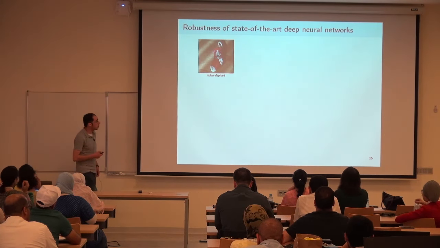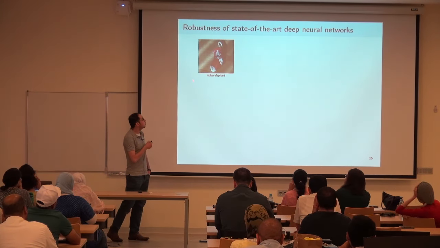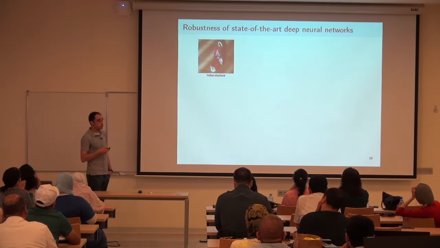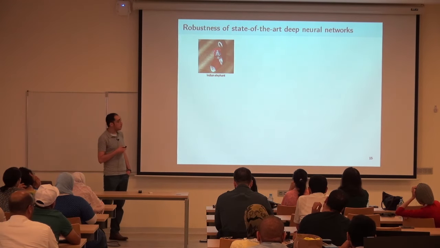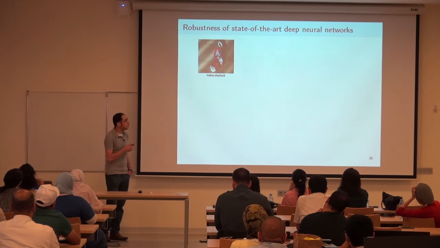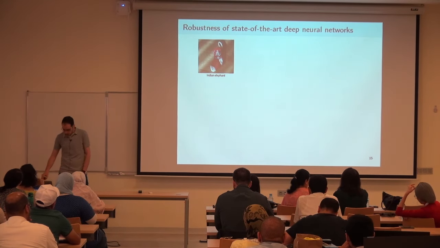Concretely, this is recognized by the deep neural network as an Indian elephant. This was correctly recognized in the beginning as a Christmas stocking, but we have added this very simple universal perturbation, and it led to an Indian elephant.